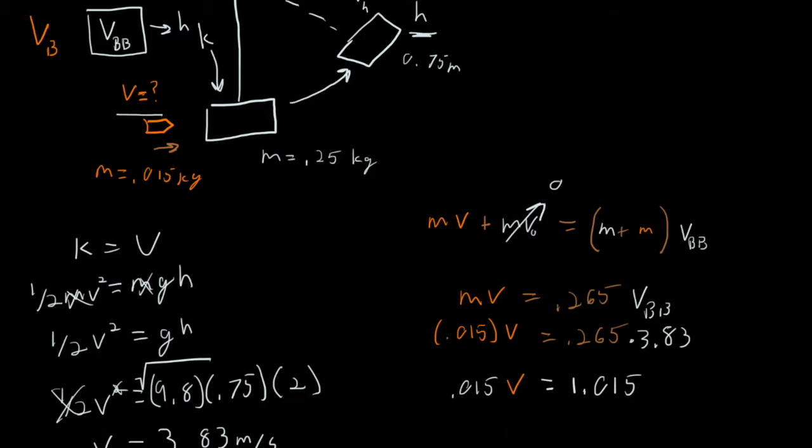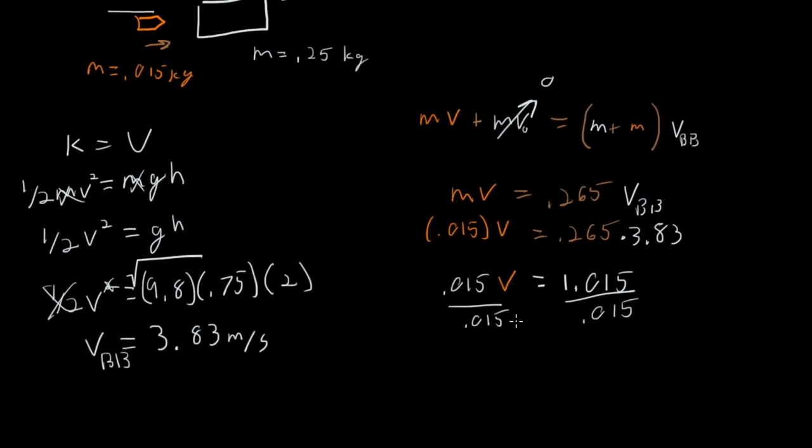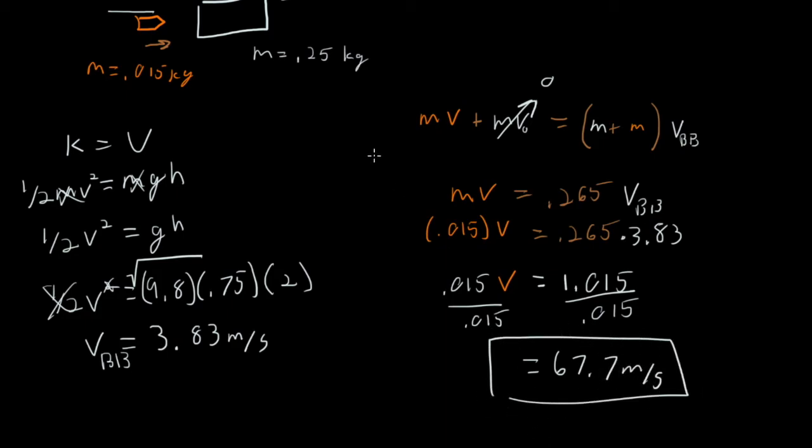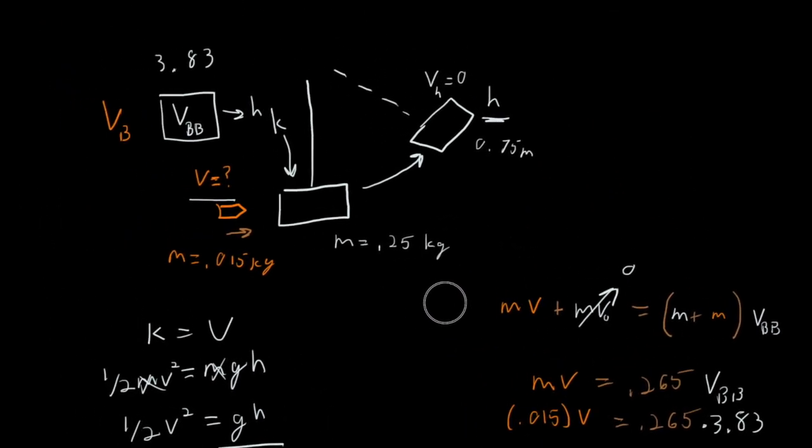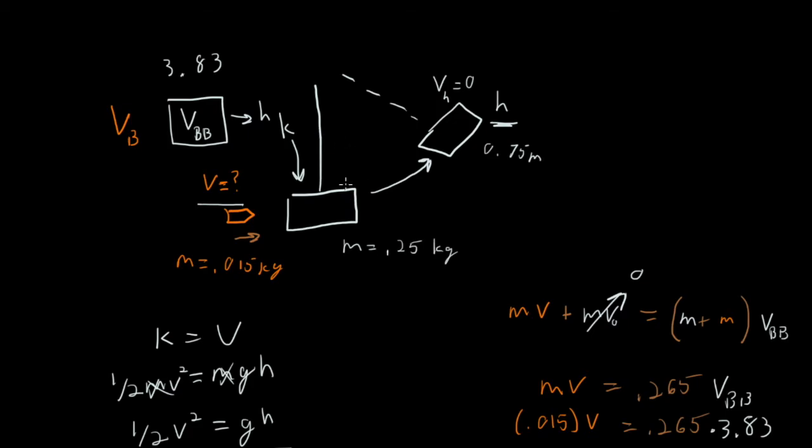Now I just divide both sides by that 0.015, and I end up with a velocity for my bullet of 67.7 meters per second. So that could be a little more challenging to set up, but the math still works out pretty quickly. The setup just requires us to remember our energy rules.